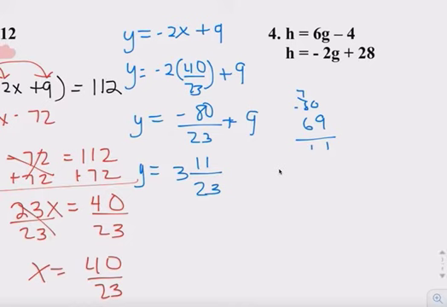Remainder 11, plus 9. Y equals 12 and 11 over 23.